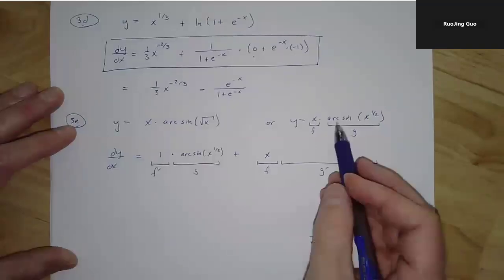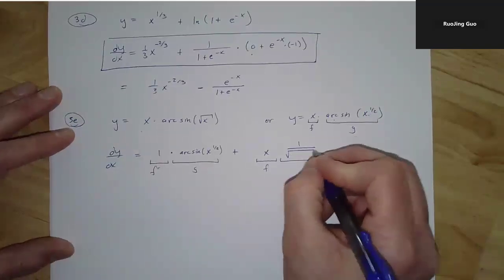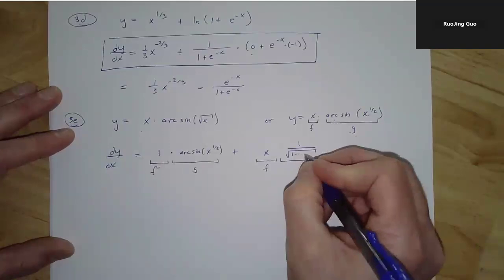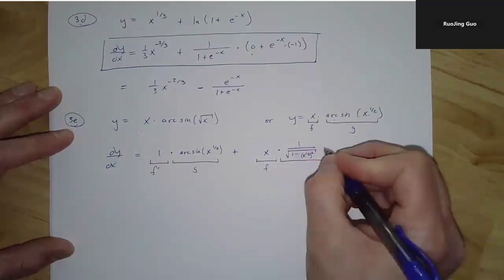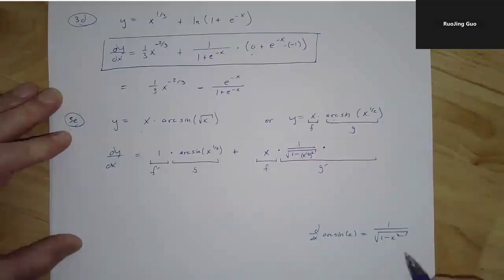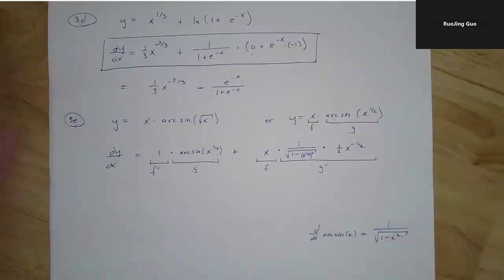So the derivative of the arc sine of some stuff is going to be 1 over the square root of 1 minus my stuff, x to the 1/2 squared, times the derivative of the inside stuff, which is 1/2 times x to the negative 1/2.